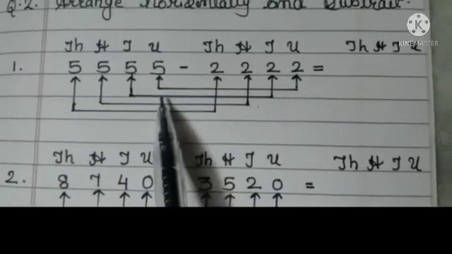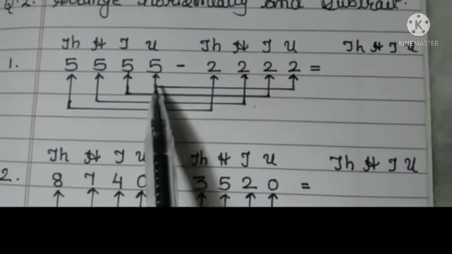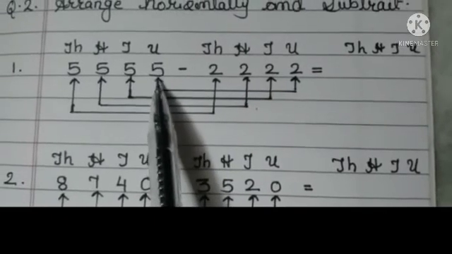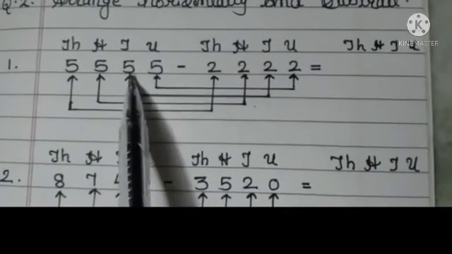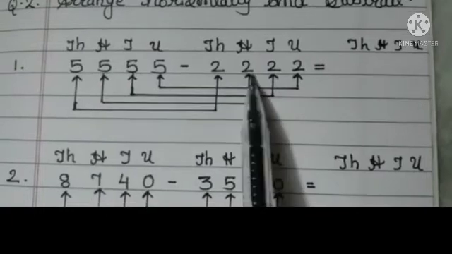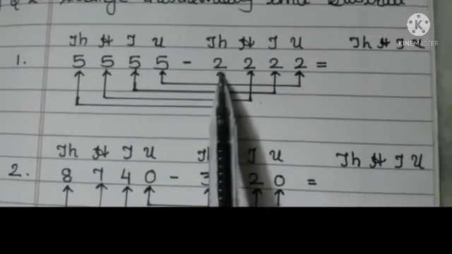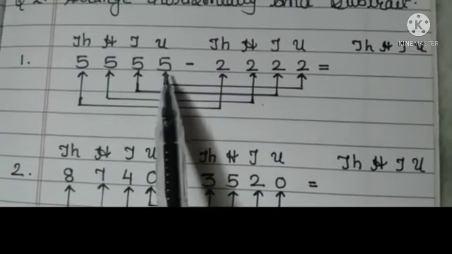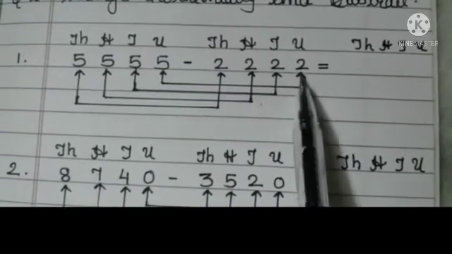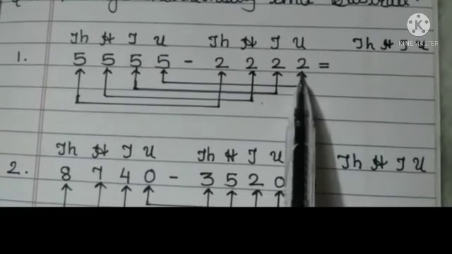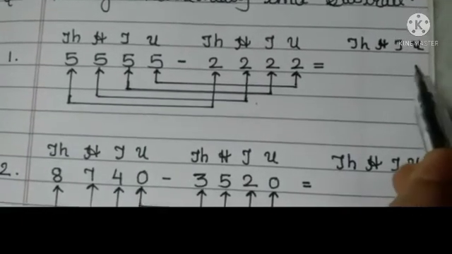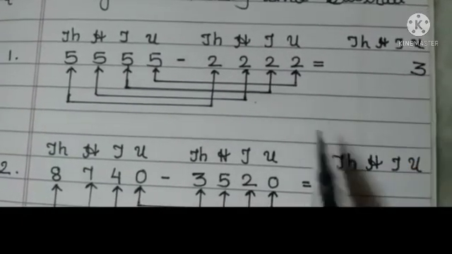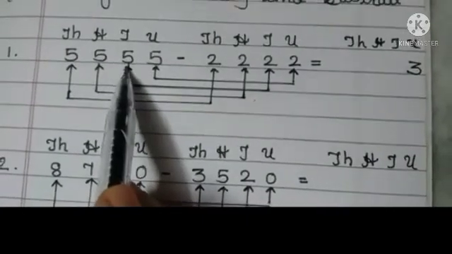So while doing the subtraction in horizontal arrangement, we will subtract units to units, tens to tens, hundreds to hundreds, and thousands to thousands. So first we will do the subtraction of units place. 5 minus 2. So 5 minus 2 is 3. So we will write 3 in units place. In tens place also see 5 minus 2.